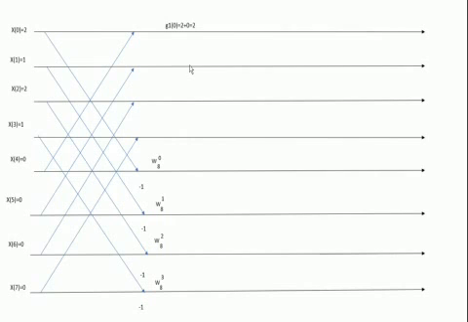Similarly, what are you going to do to get G1 of 1? I should add x of 1 with x of 5. What is there at x of 1? It is 1. What is there at x of 5? It is 0. So 1 plus 0 is 1. What are you going to do to get G1 of 2? What you're thinking is correct. You should add x of 2 with x of 6. What is there at x of 2? It is 2. What is there at x of 6?